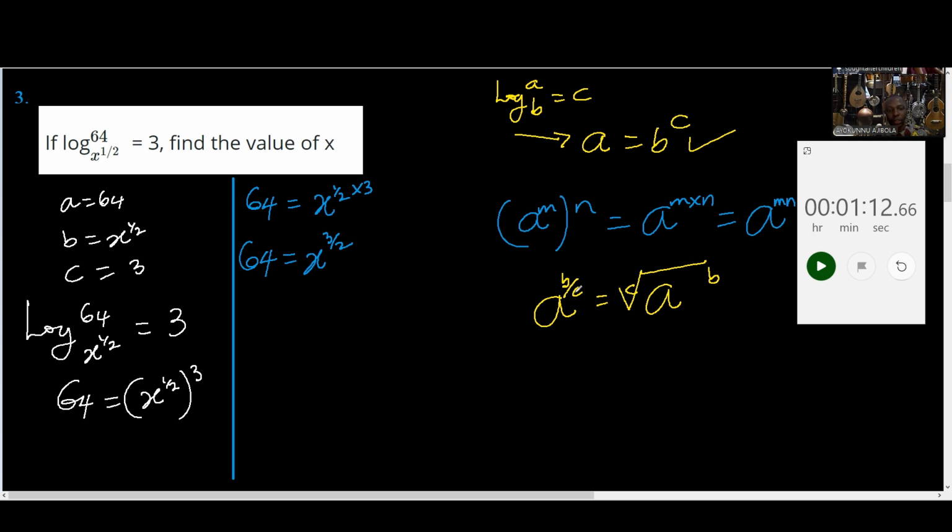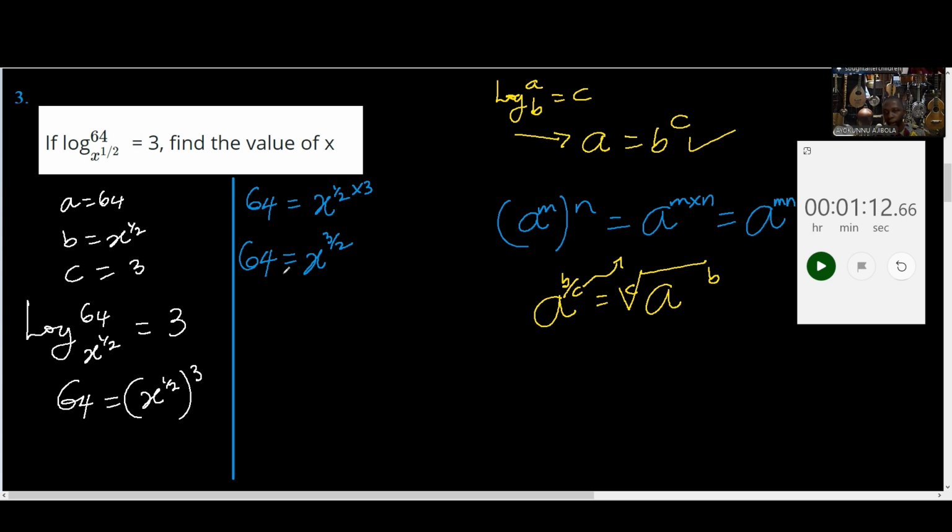If c is 2, that'll be square root. If c is 3, that'll be cube root. If c is 4, that'll be fourth root. Whatever c is, it is the root of a.